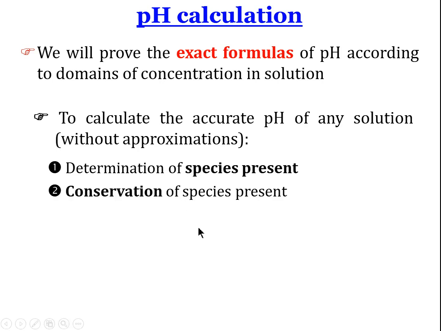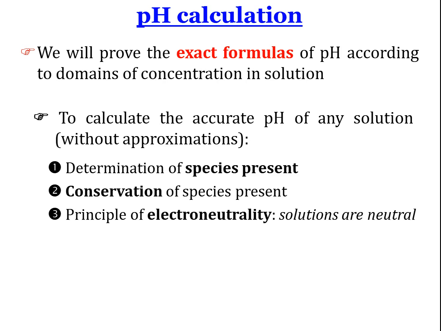In step 2, we apply the principle of conservation of species. That means when you start with an initial number of moles of a substance, and this substance in solution is transformed to other species, the number of moles of all forms of the species formed is equal to the initial number of moles of the starting material.